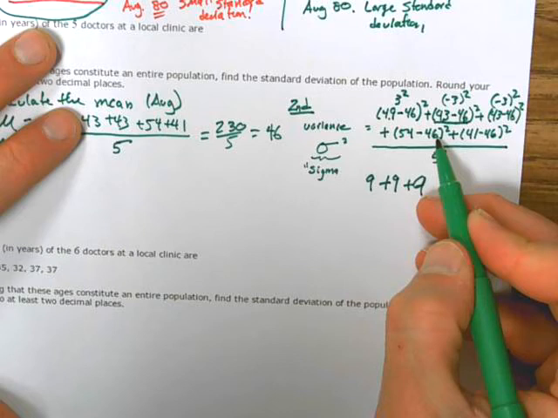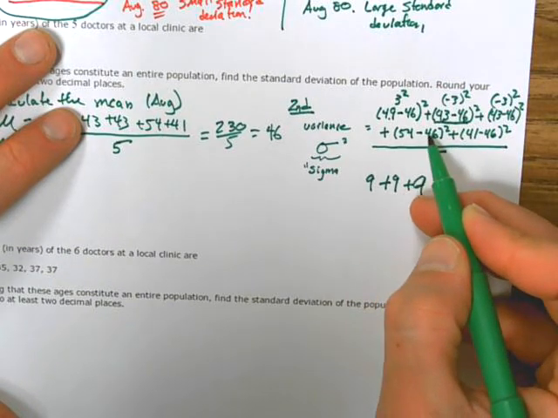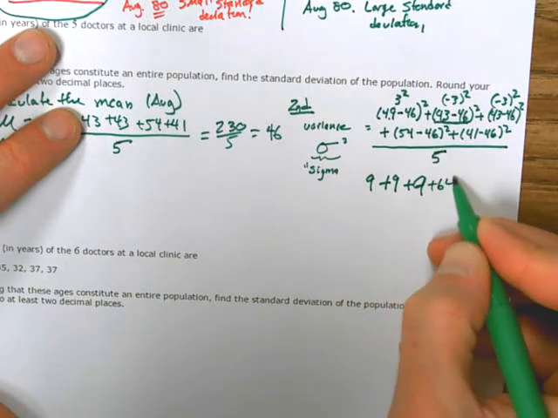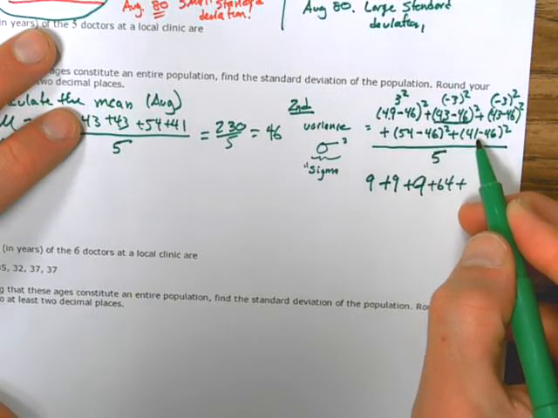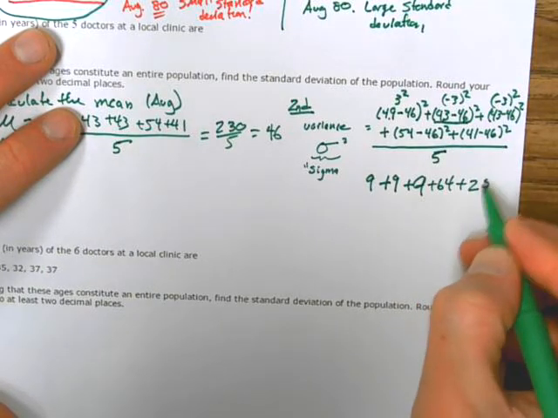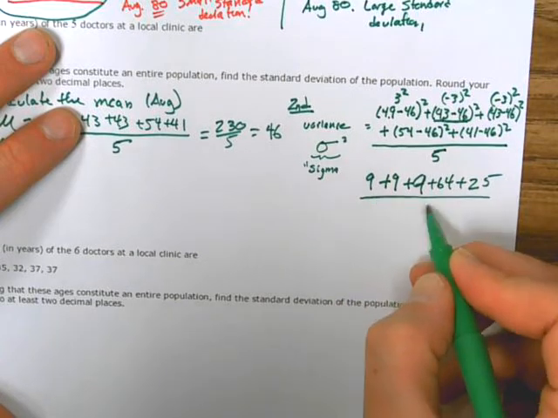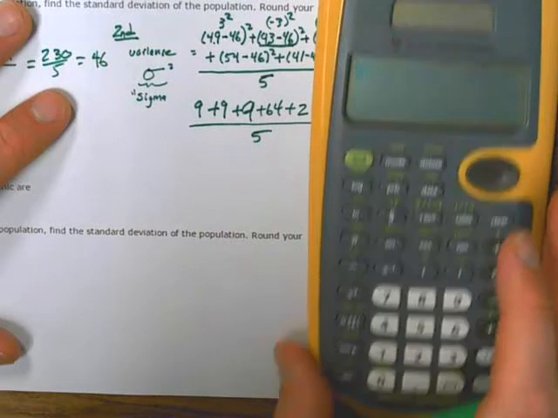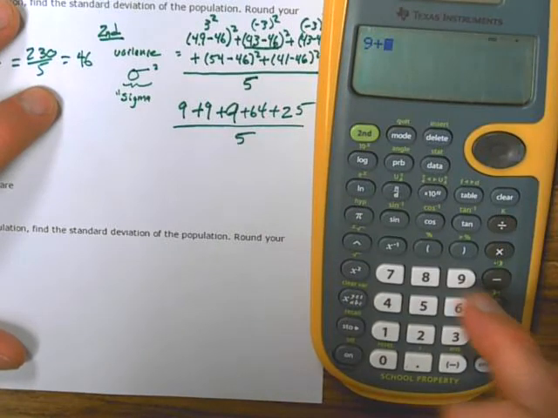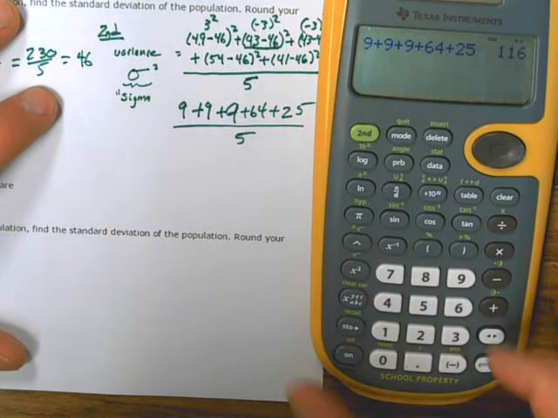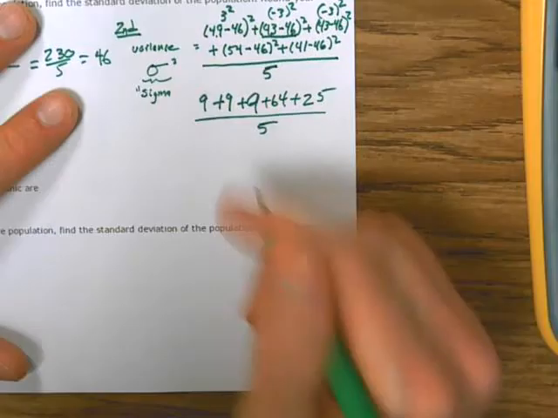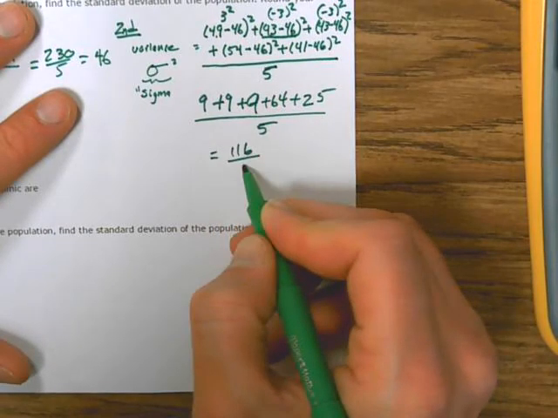Now 54 minus 46, that's a difference of 8, and when I square 8, that is 64, and then 41 minus 46, that's a difference of negative 5. When I square it, it'll be positive 25, and I have to divide all that by 5. So I'm going to get 9 plus 9 plus 9 plus 64 plus 25. That's 116. So it's 116 over 5.